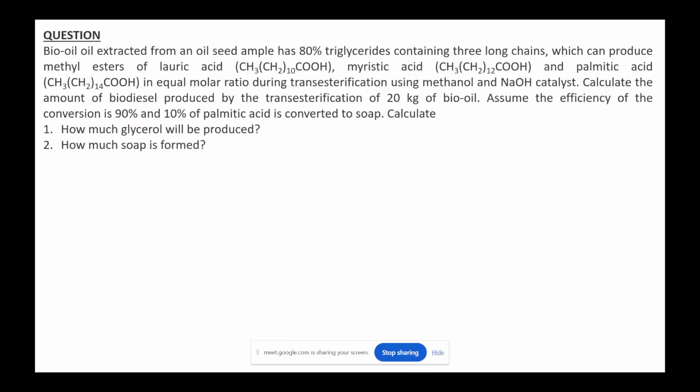Bio-oil is extracted from an oil seed sample. The sample has 80% triglycerides containing 3 long chains, which can produce methyl esters of lauric acid, myristic acid, and palmitic acid in equimolar ratio during the transesterification using methanol and sodium hydroxide catalyst.